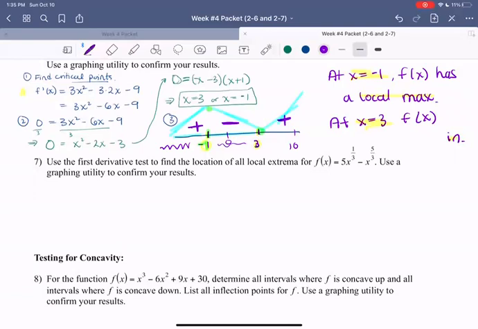So just a review of the steps that we're going to take. First, we want to find the critical values of our function. Then step 2 is we're going to test the derivative f prime of x on the intervals determined by those critical values. So I'll say test the derivative between critical values.